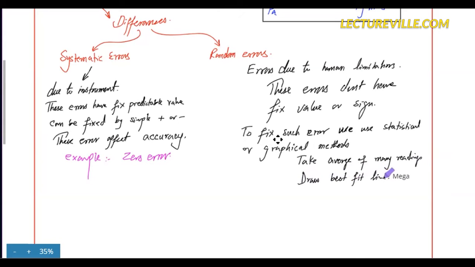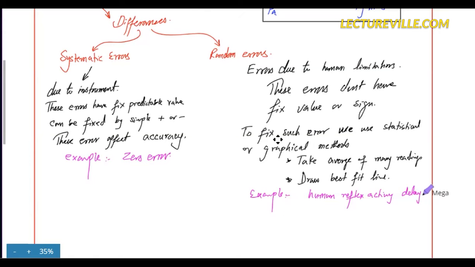I hope you are familiar with these techniques. Example can be for this one: human reflex action delay. We see something and we do something. There is always a thinking time in between.